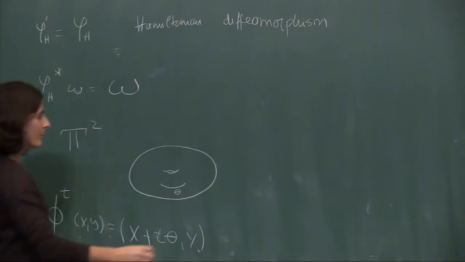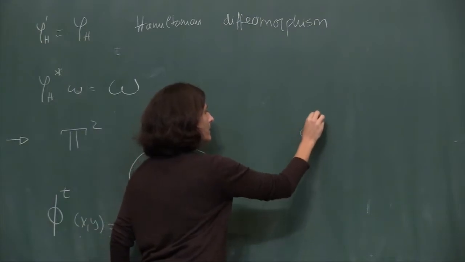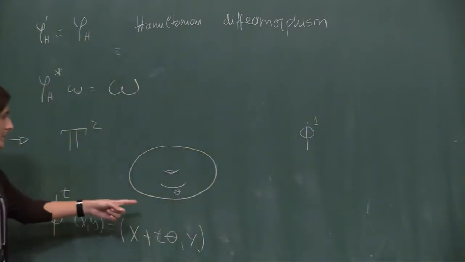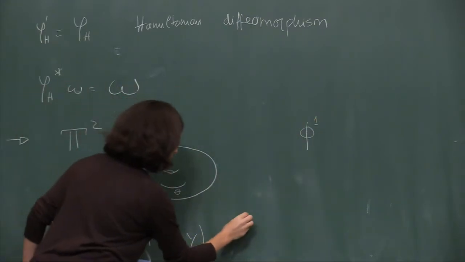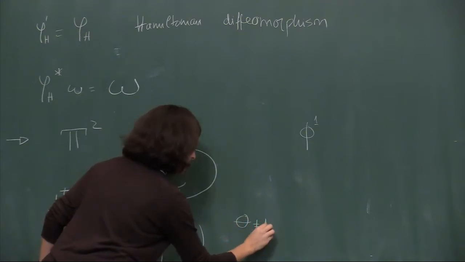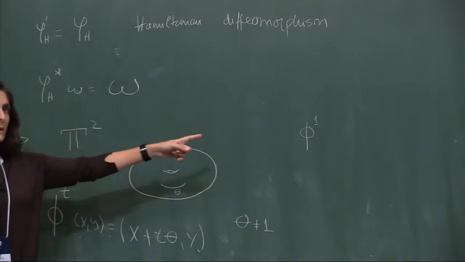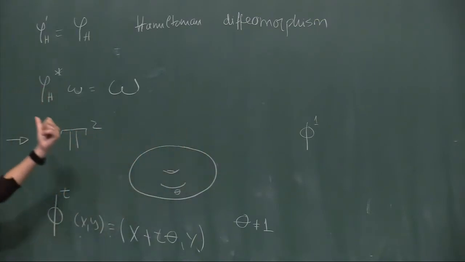The time one map, so phi 1. This is, so theta not 1, different. Because at time 1, if theta is 1, at time 1 it's just the identity.